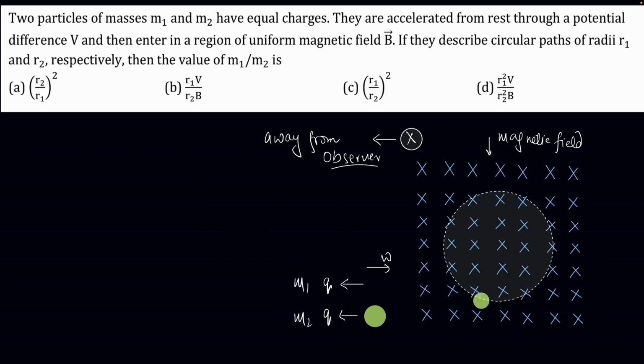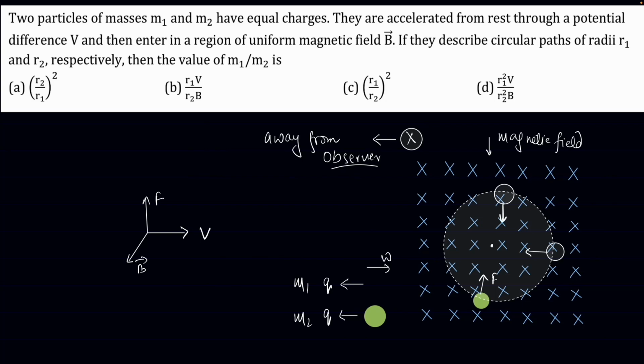Because when the charged particle is moving, its velocity is along the x-axis, and the magnetic field is going away from the observer, so it is along the z-axis. So now where is the force? Force is along the y-axis. This force continuously acts on the charged body, and it is moving towards the center. Because of this, we notice that the charged particle forms a circular path.